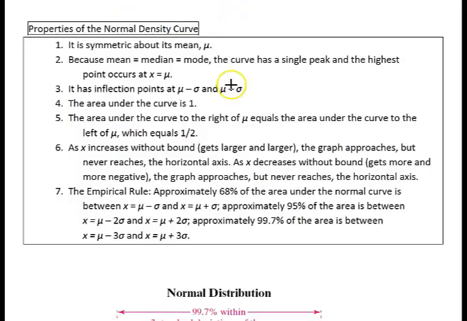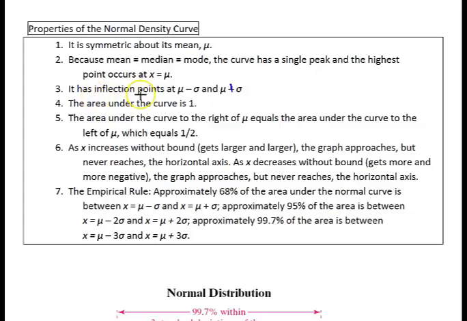This is supposed to be a plus right there, so go ahead and make that a plus. It says because it has one peak, and that is the mean, the middle. It is also the median because it is the middle piece, and it's only got one peak, so it is the mode. So they are all the same thing. The mean, median, and mode are all the same if you have a normal curve.